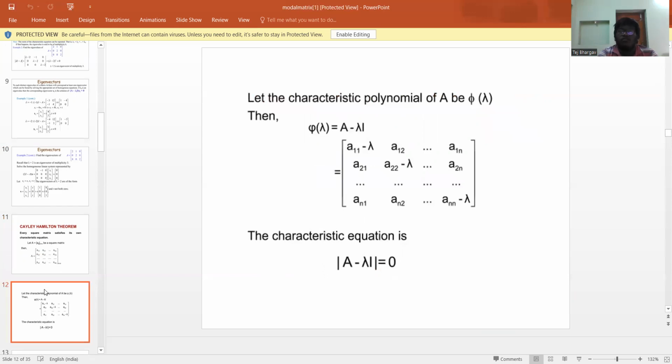Let the characteristic polynomial of A be phi of lambda. Then phi of lambda is the determinant of A minus lambda I, with diagonal entries A11 minus lambda, A22 minus lambda, up to Ann minus lambda. The characteristic equation is determinant of A minus lambda I equal to 0.